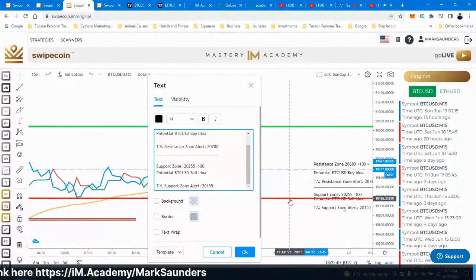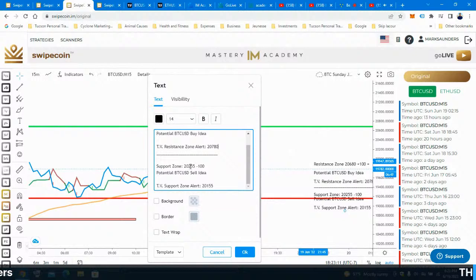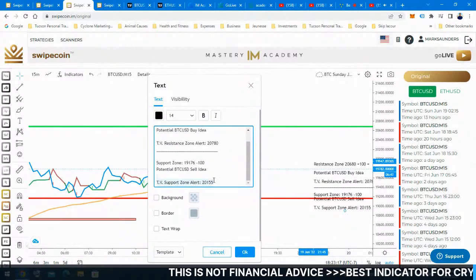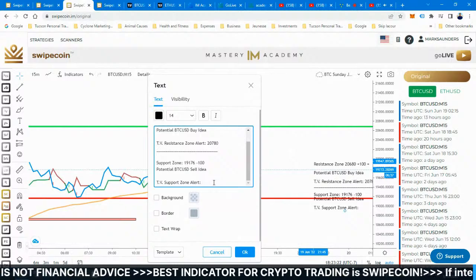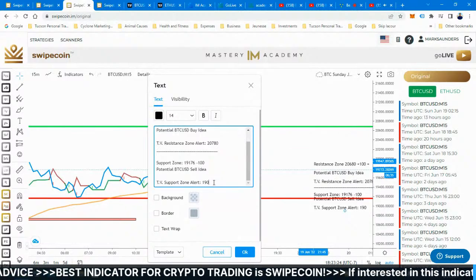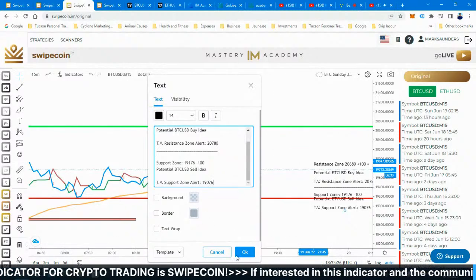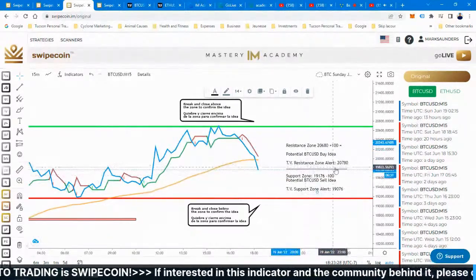Okay. And then for the support zone, 19176 minus 100 would be 19076. Okay.